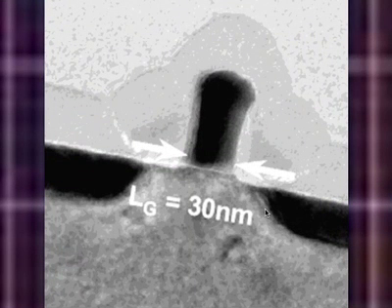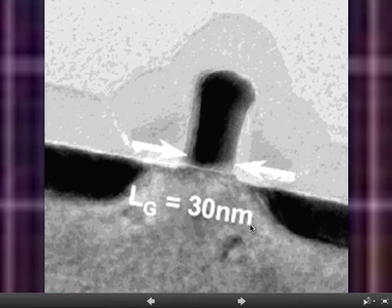So what you're looking at here is essentially what's called a transmission electron micrograph of a transistor. That's 30 nanometers across. This is silicon, and this is polysilicon. And these dark regions are also silicon, but they're doped, as we'll talk about later on. And this is a switch, so the electrons flow across here.